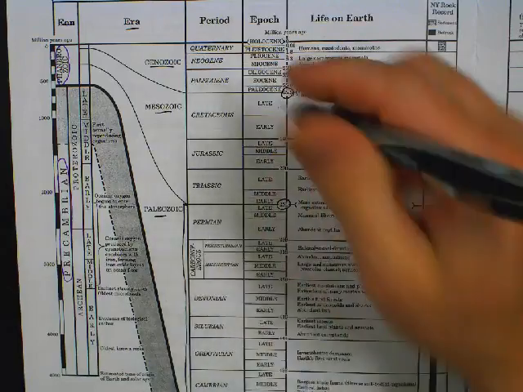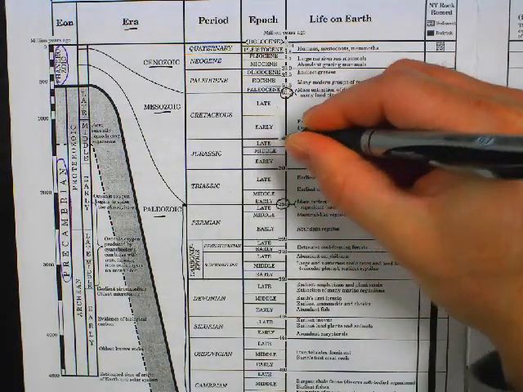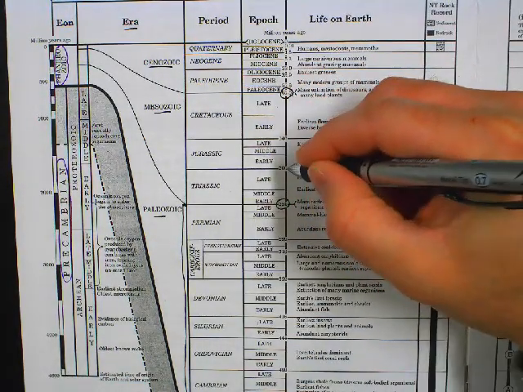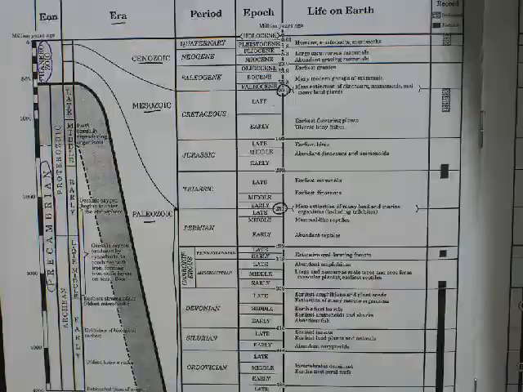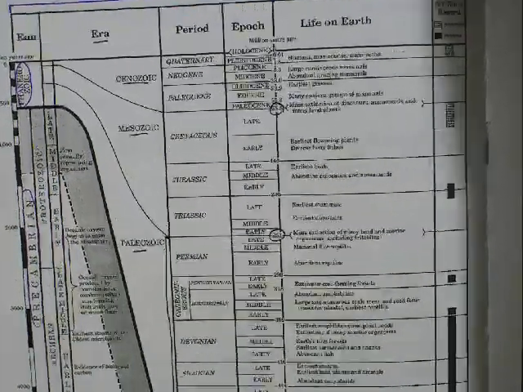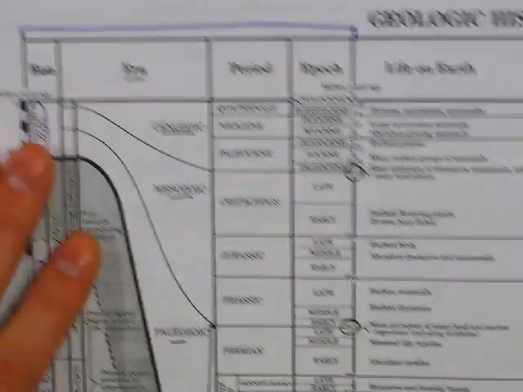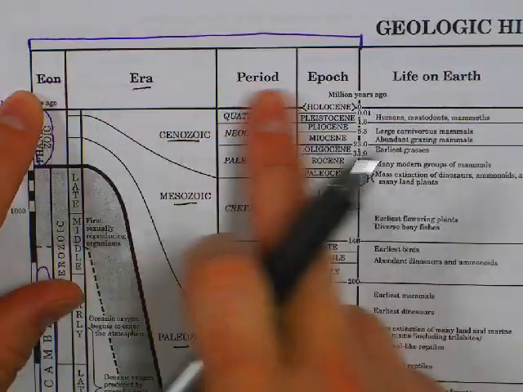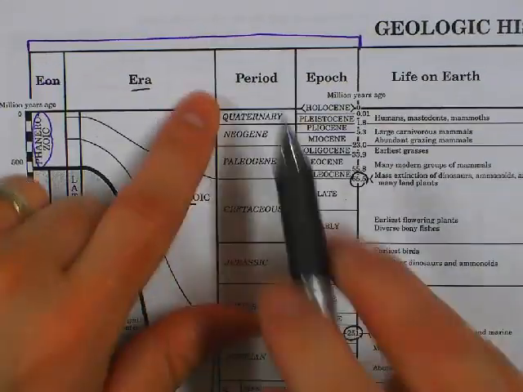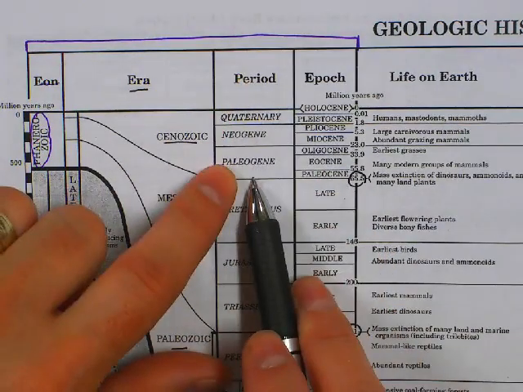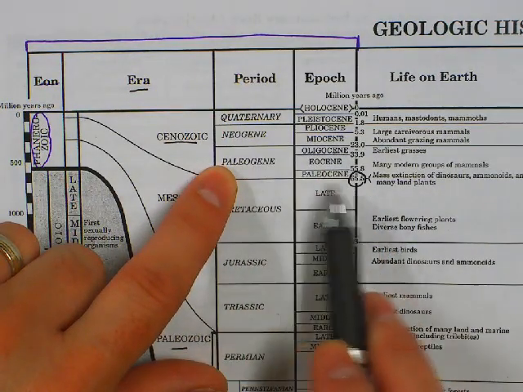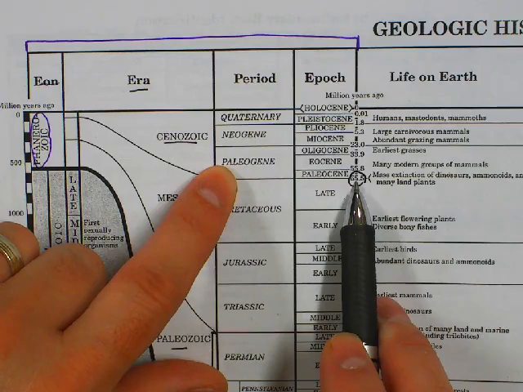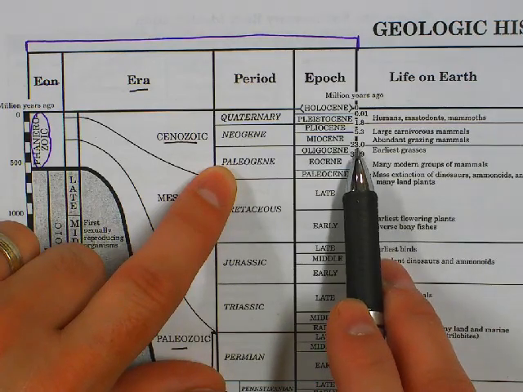So this is how you figure out how many millions of years ago something happened. And these numbers are going to keep popping up as we look in different columns. But what you need to know for just this video is just how are those chunks of time broken up. Okay? So this period right here, the Paleogene, goes from 65.5 million years ago, and it ends 23 million years ago.